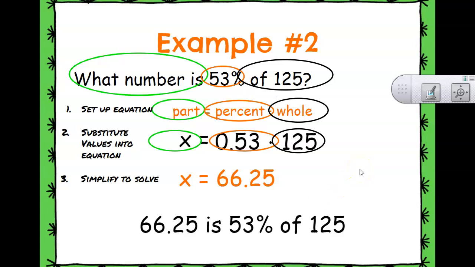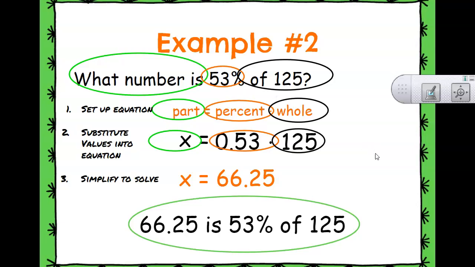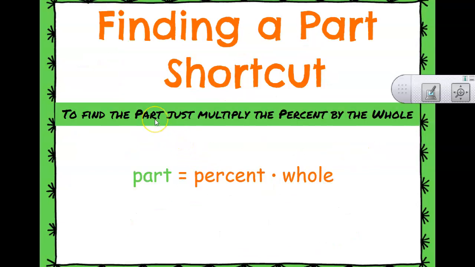So 66.25 is 53% of 125. So if I was to summarize this as a quick shortcut of how to find the percent of the whole out in the real world, all you would have to do is just take the percent and multiply it with the whole.